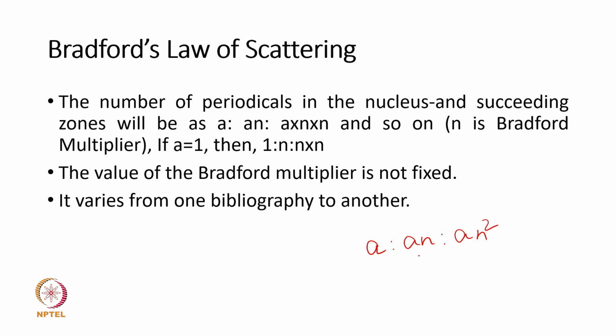If you divide the successor by the predecessor, we get a constant ratio. For example, a n divided by a, we get n. A n square divided by a n, we get n. That means this ratio is always fixed.